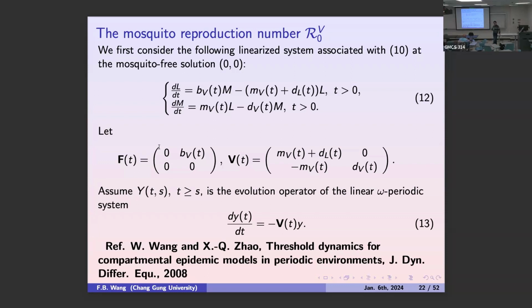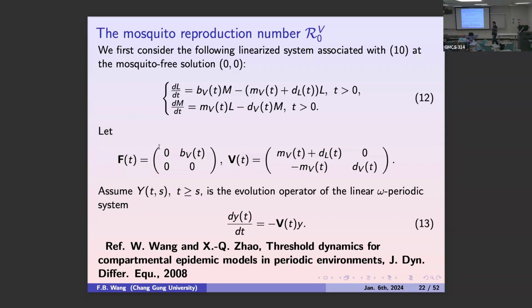Because our coefficients depend on time, temperature is important for the mosquito's growth. You will see some data, and you can see our coefficients are not constant. They are time periodic.